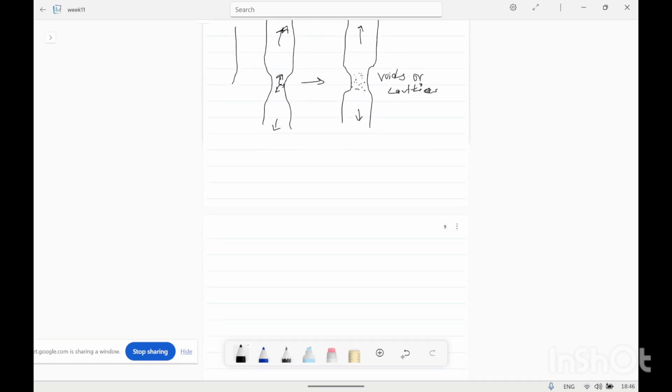And after some point, the voids and cavities will elongate and coalesce with other voids, means this is the coalescence, that will lead to the formation of a crack.